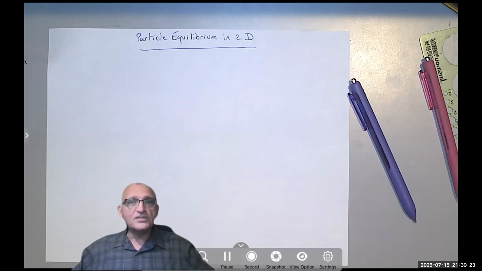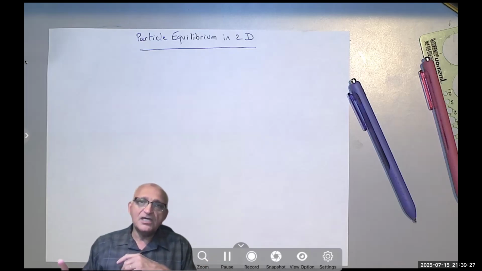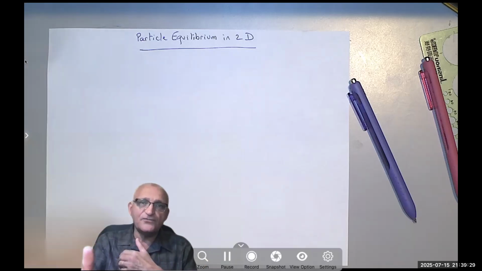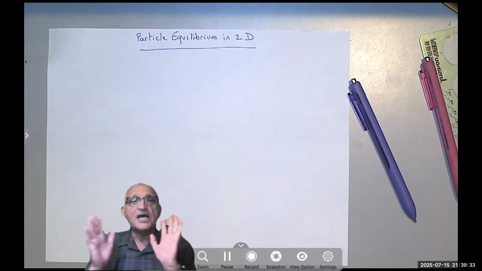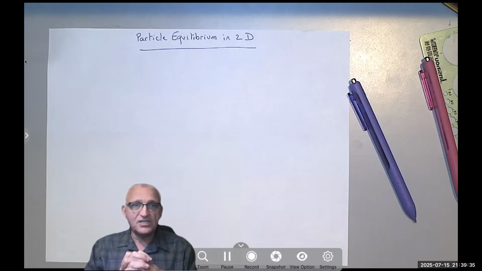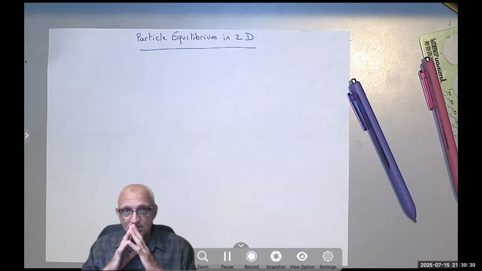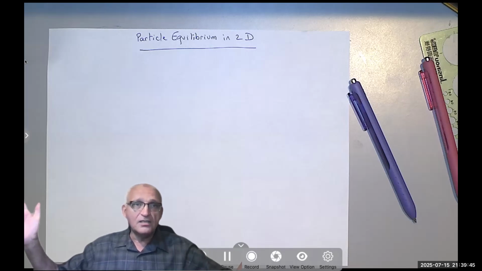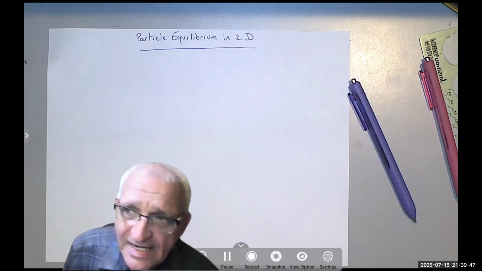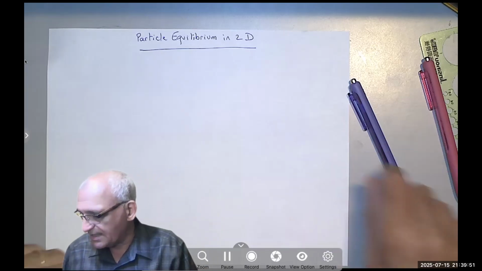All the I components should add up to zero, so I don't have horizontal acceleration, and all the J components of the forces must equal zero. They cancel each other, so I don't have a vertical acceleration. If there is no horizontal and no vertical acceleration, then there is no acceleration at all. So it's that simple. Let's take an example and I will show you why we call that a particle equilibrium.